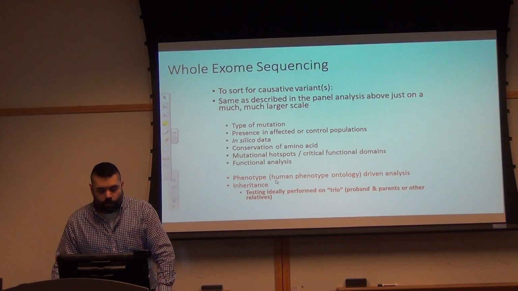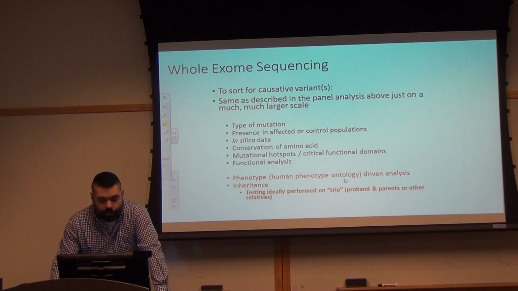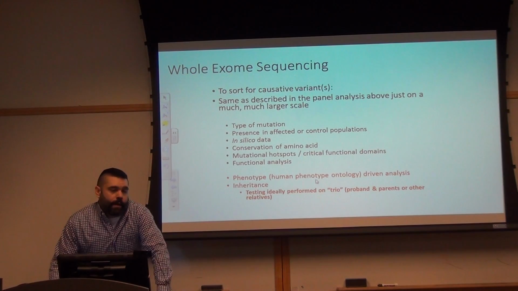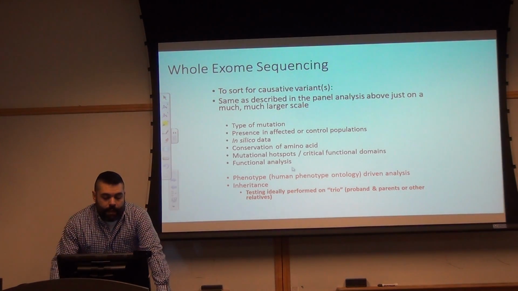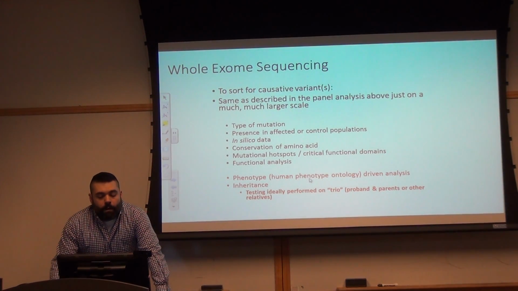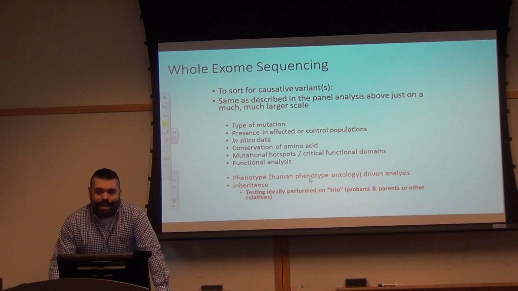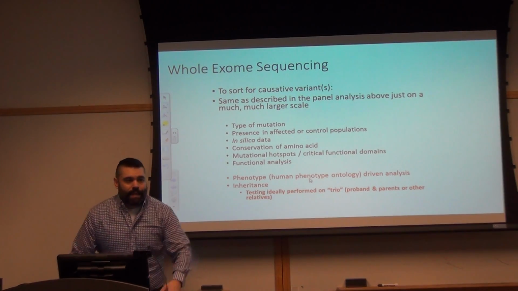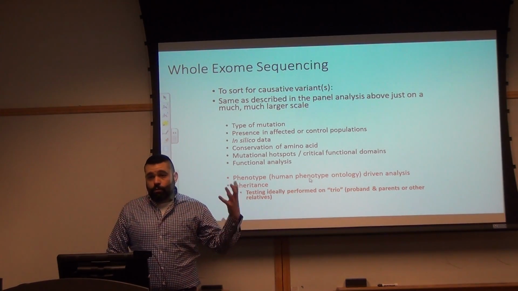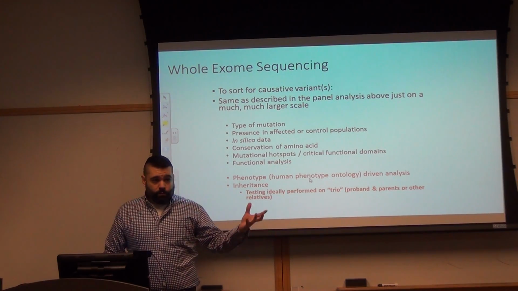If you haven't heard of the Human Phenotype Ontology, you should look that up. It's not on the test, but it's something that there are specific terms. It's a website and a consortium. There are specific terms that you can use. So again, trying to standardize things, like instead of saying mental retardation, because we don't use those words anymore, but you might have somebody who tries to use that.